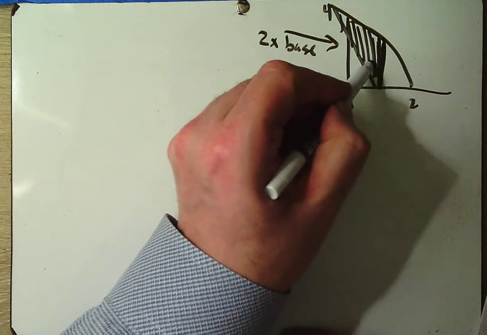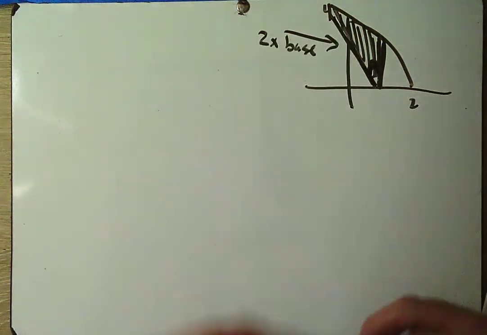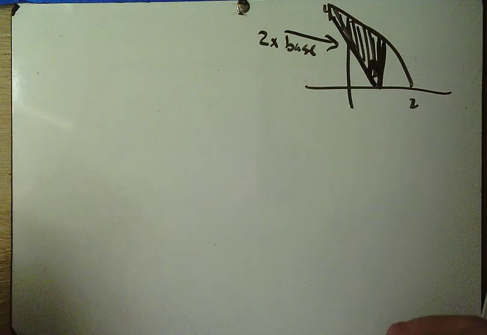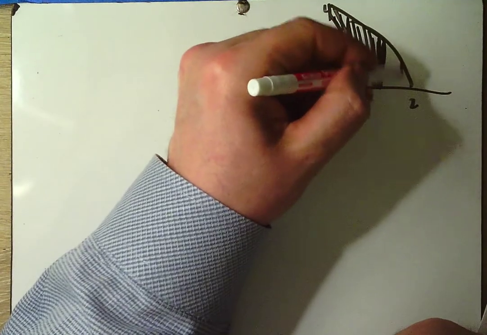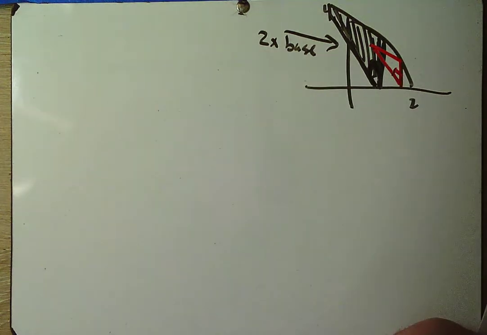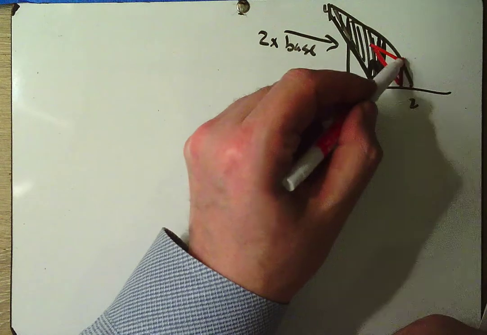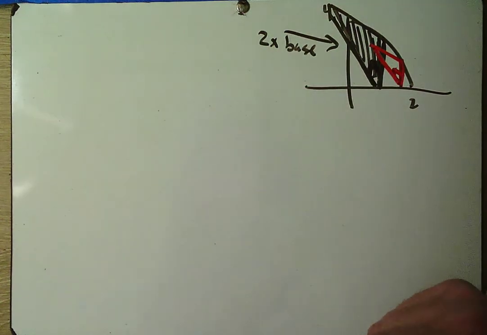Here's our base length, here's our height. Maybe if I draw it here: base length, height. And this is a right triangle, so we could actually use our one-half base times height formula.